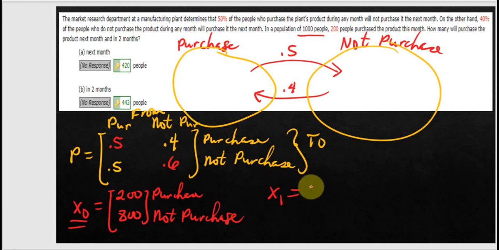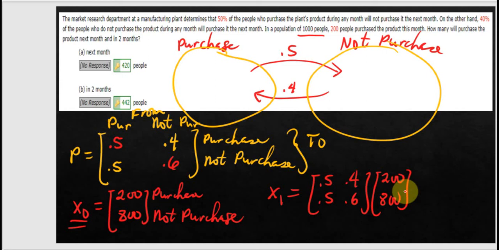So that's going to be the p times the x, 0.5, 0.5, 0.4, 0.6, and this is times 200 and 800, and on my graphing utility, I get 420, and here 580.